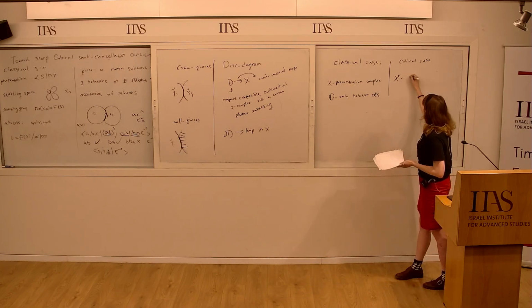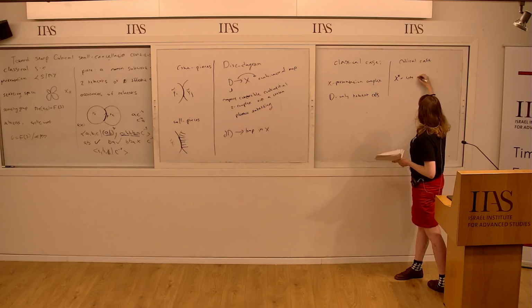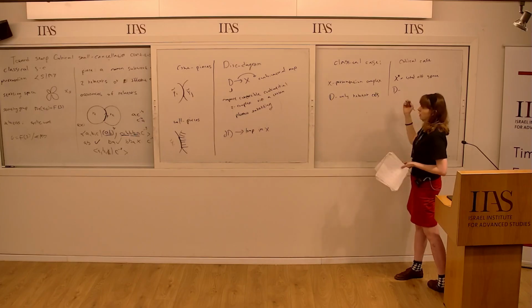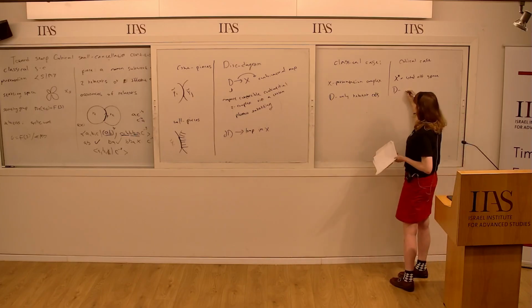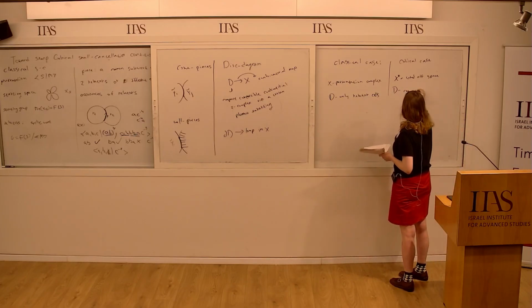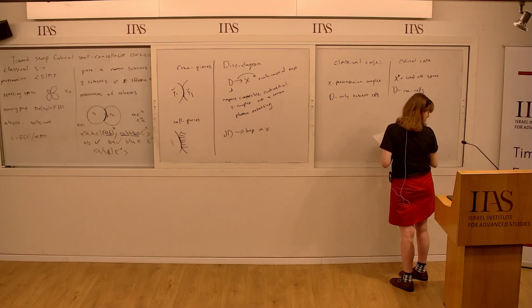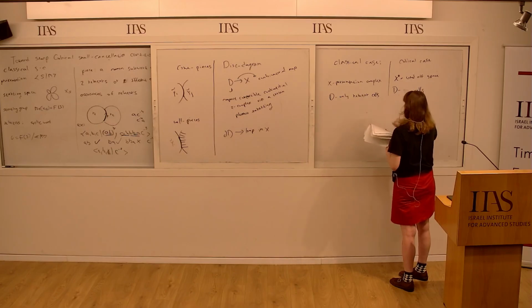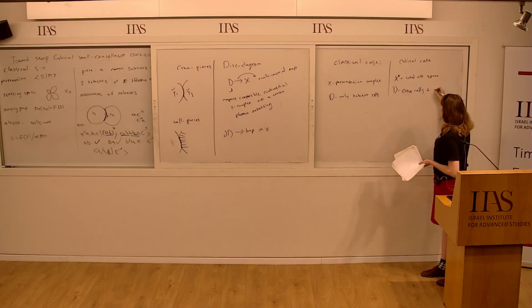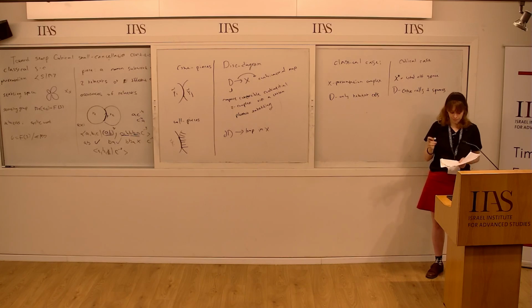So we have a cone of space, and D will have two kinds of cells, cone cells, which are the relator cells, and also squares coming from X.